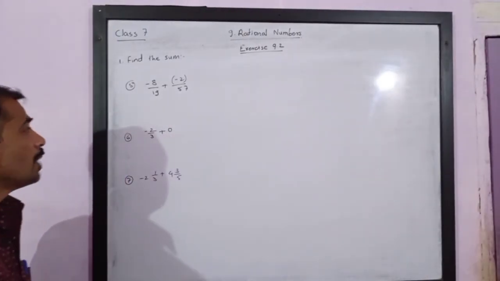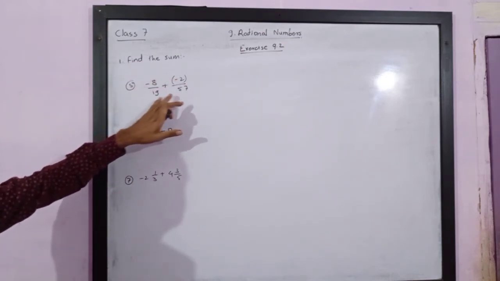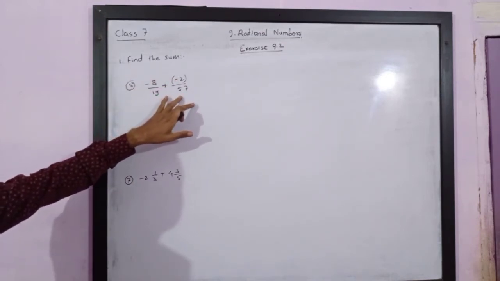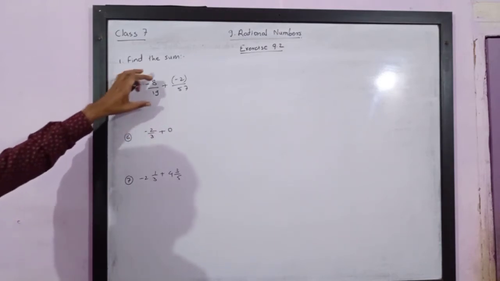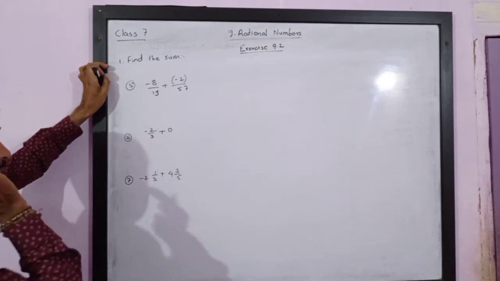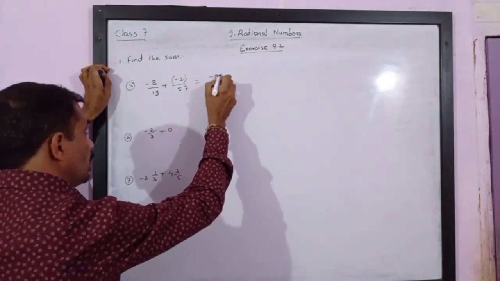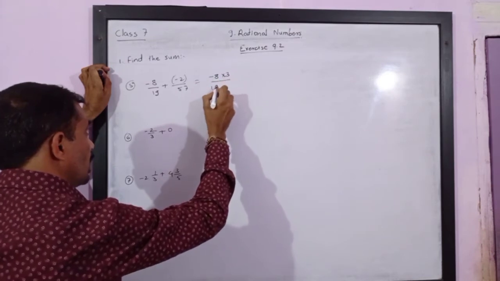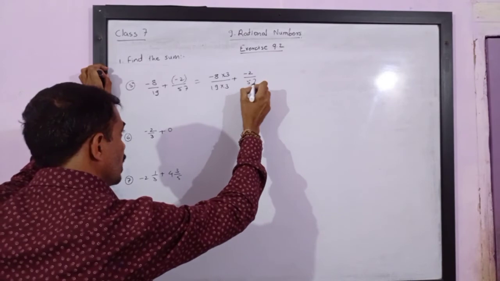Next example is negative 8 upon 19 plus negative 2 upon 57. Please note, if you try to find the LCM of the denominators, we will get 57 as the denominator. 19 threes are 57. So we have to multiply only the first rational number. This is equal to negative 8 into 3 upon 19 into 3 plus negative 2 upon 57.